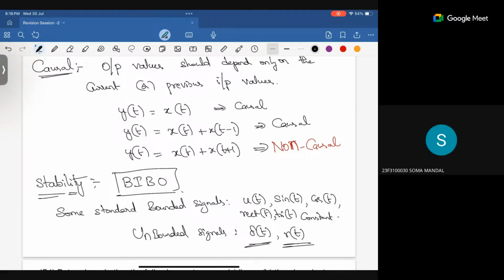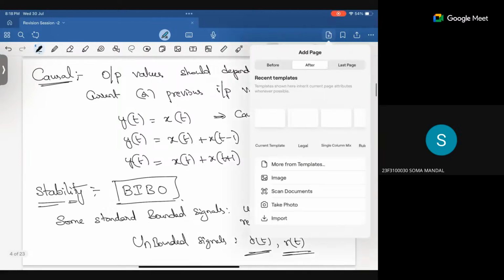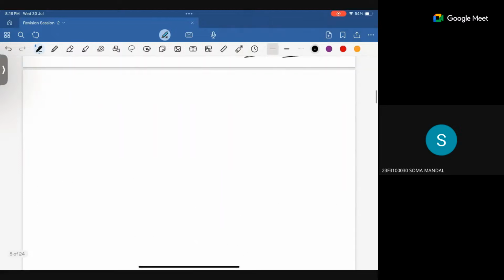Okay, so Sir, y of t equal to x squared of t is also causal, no? Sorry, you are talking about stability, is it? Yes, sir, stability. Okay. So y of t is equal to x squared of t.